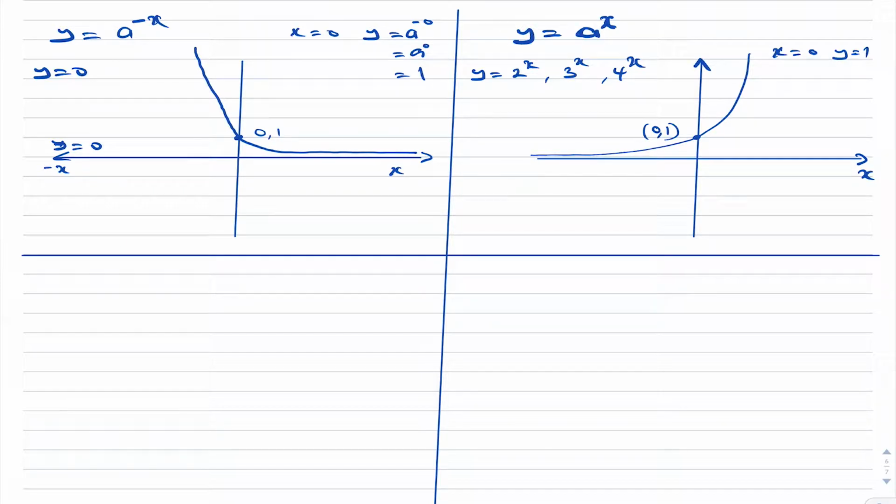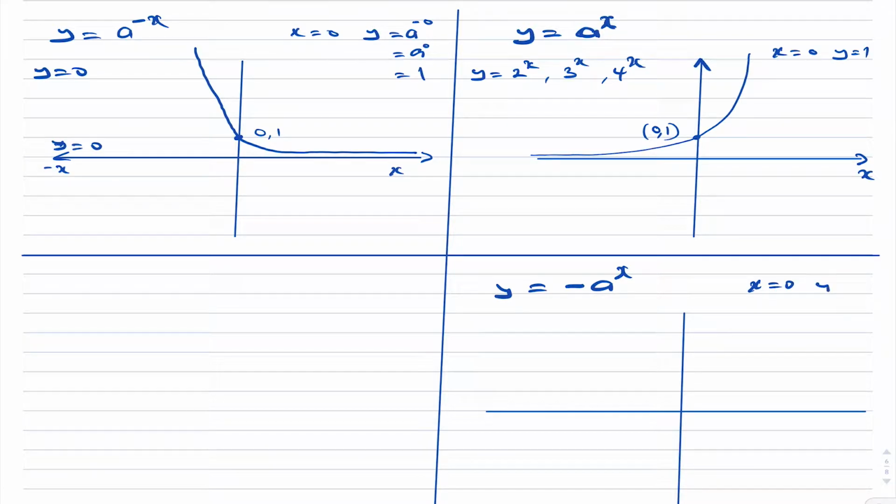So the next one to look at is y equals minus a to the power of x. This is now a reflection on the x-axis. It's very similar to the a to the power of x. And so the way we draw that is, again, when x equals 0, y is going to be minus a to the power of 0, which is going to be minus 1.